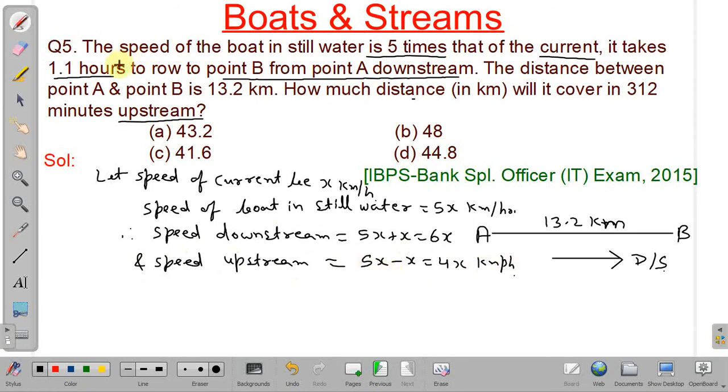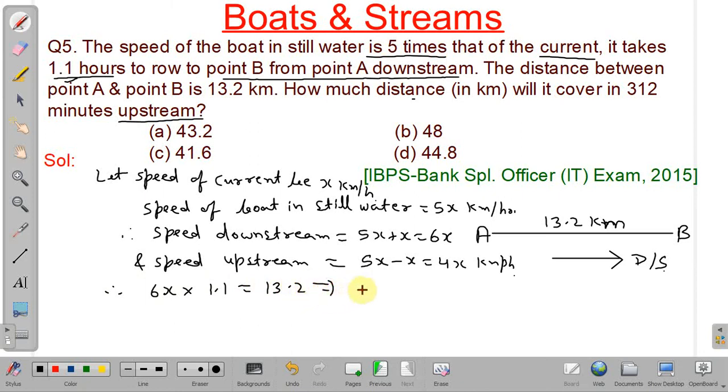Now it is given that it takes 1.1 hour to travel from A to B in the downstream direction. Therefore, the downstream speed 6x into the time 1.1 equals the distance from A to B, which is 13.2 kilometer.